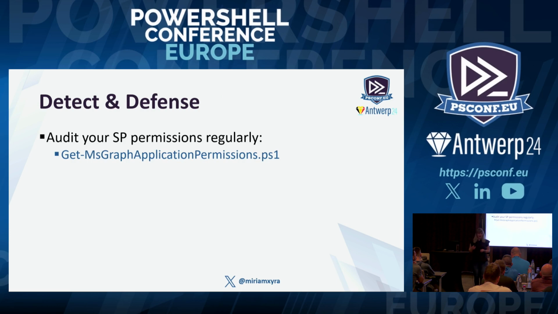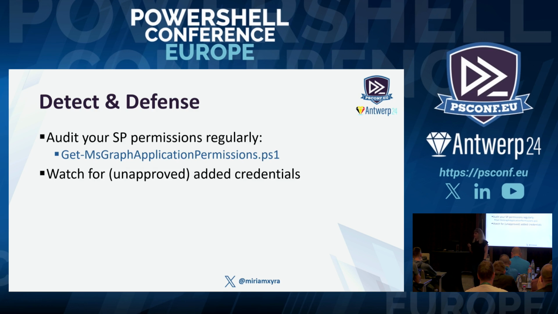To audit your service principals regularly, I created the script Get-MsGraphApplicationPermissions that we saw earlier here. Use that script to regularly audit your service principals. I will upload it on GitHub later. Use that. It's for your benefit.